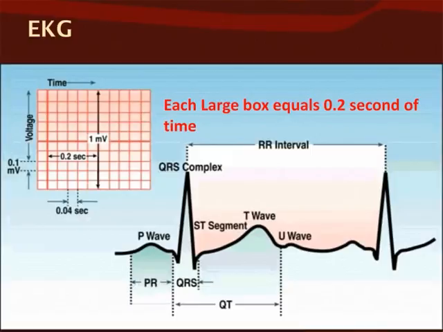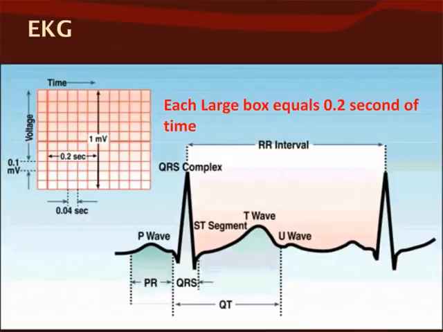Each small box represents 0.04 second. Each large box is made up of 5 small boxes and represents 0.20 second. So you can see that the EKG paper represents a very short period of time.